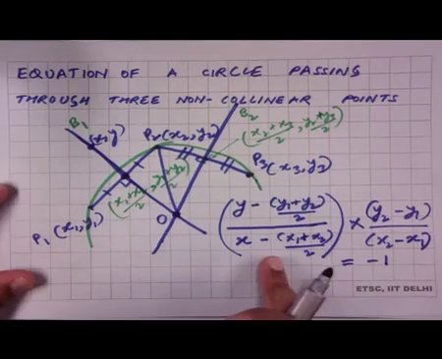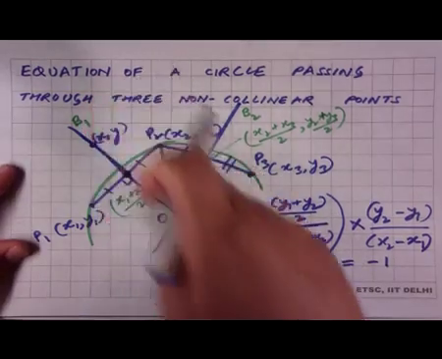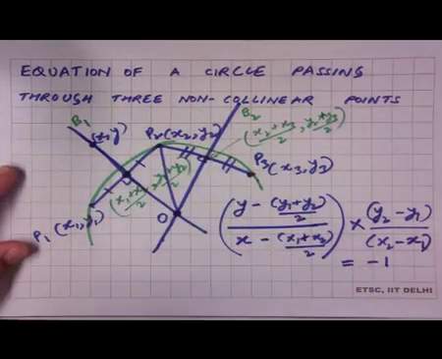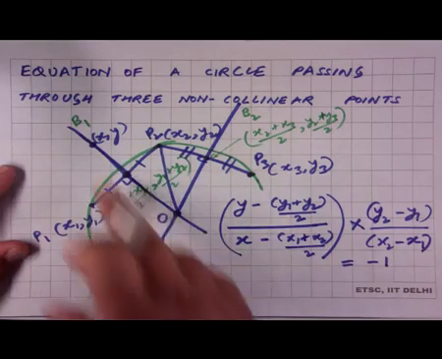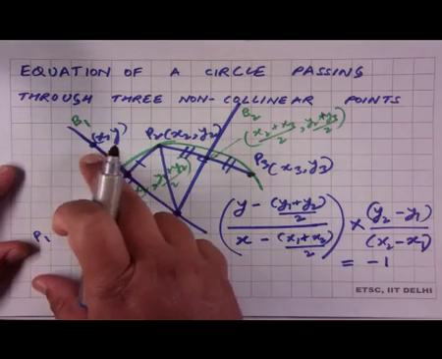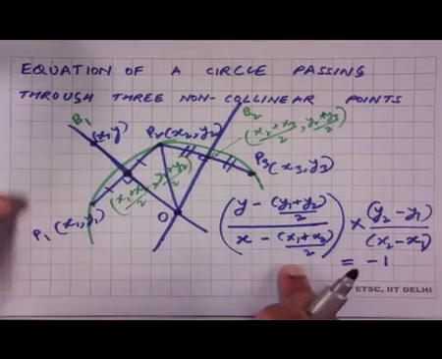So, if we rewrite this nicely, we will basically get the equation of this perpendicular bisector, because the x and y coordinates of any point on this perpendicular bisector has to satisfy this equation.